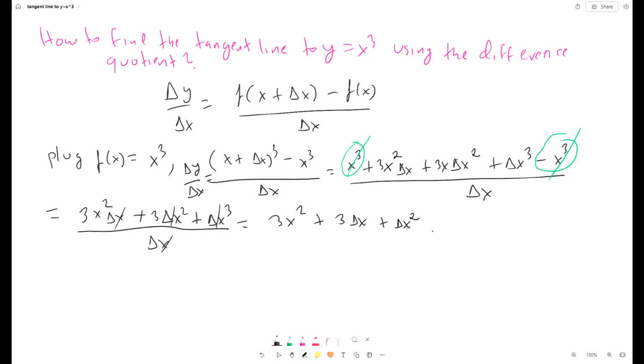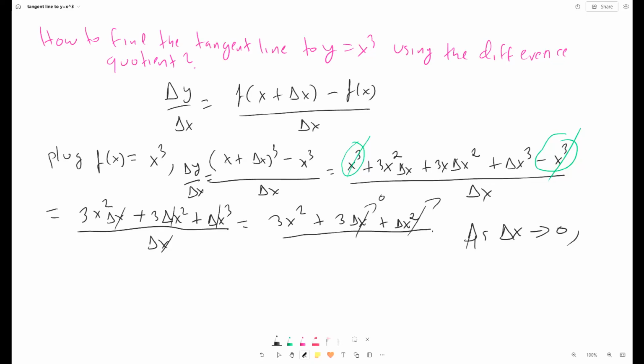Okay. And now we say as delta x approaches 0, that means that the points of the secant lines are getting very close to each other. This thing here, that means this one approaches 0.